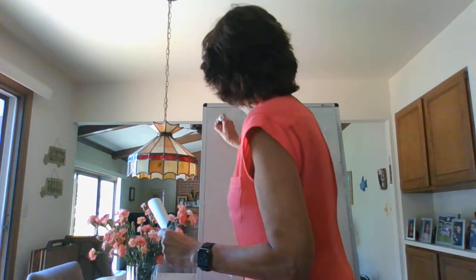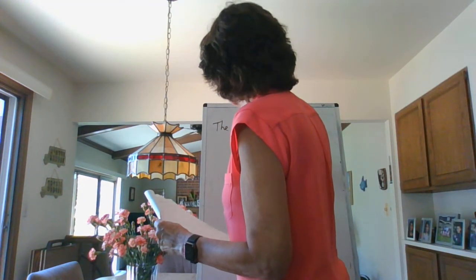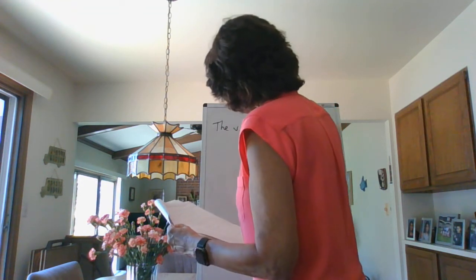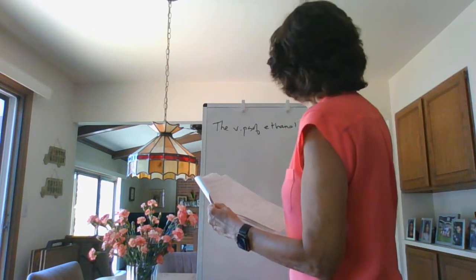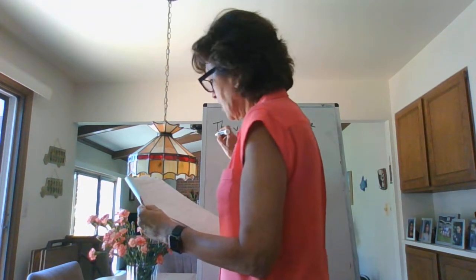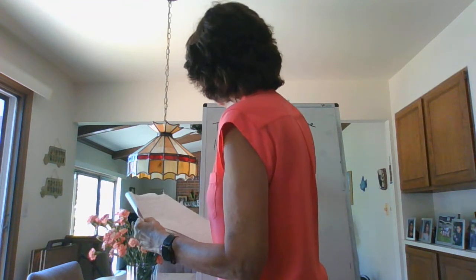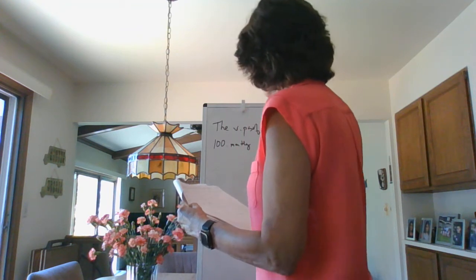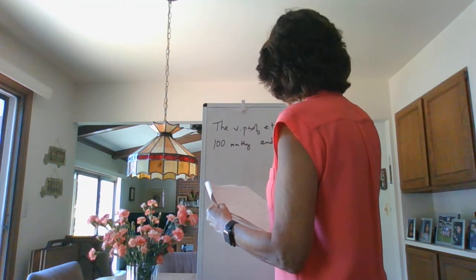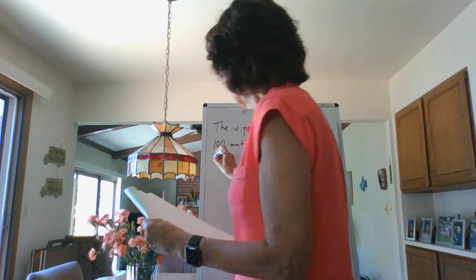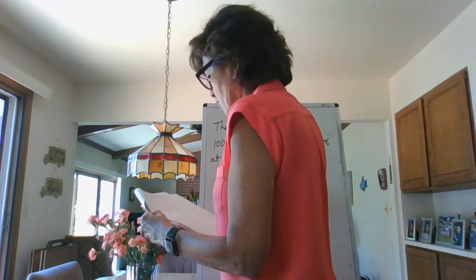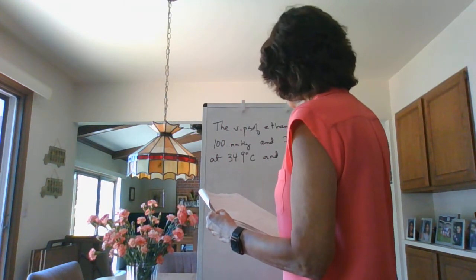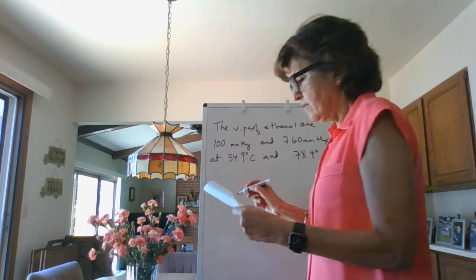So the vapor pressures, this is plural, of ethanol are 100 millimeters of mercury and 760 millimeters of mercury at 34.9 degrees Celsius and 78.4 degrees Celsius, respectively.